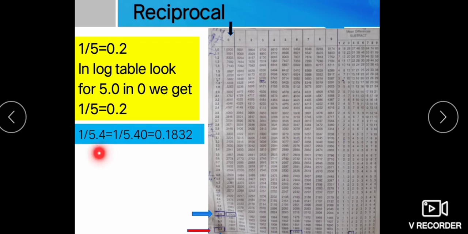When we want to see 1 upon 5.4, it can be seen by searching the leftmost column from top to bottom to the row 5.4, and the value of 5.4 in the 0th column is 0.1832. So we get a value less than 0.2, as this number is bigger.